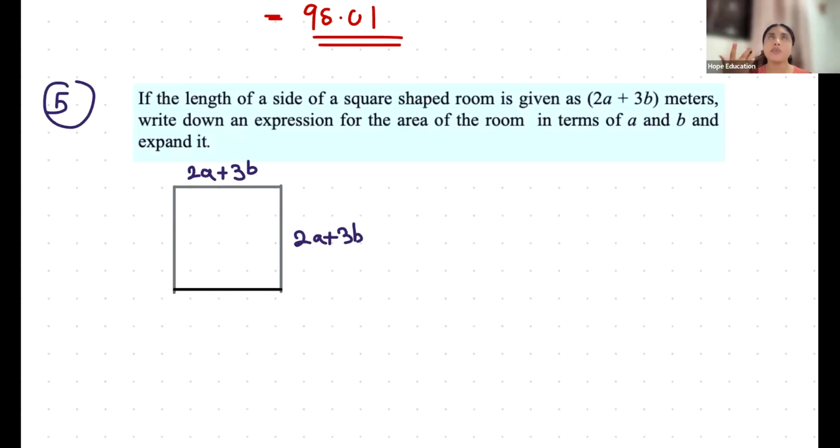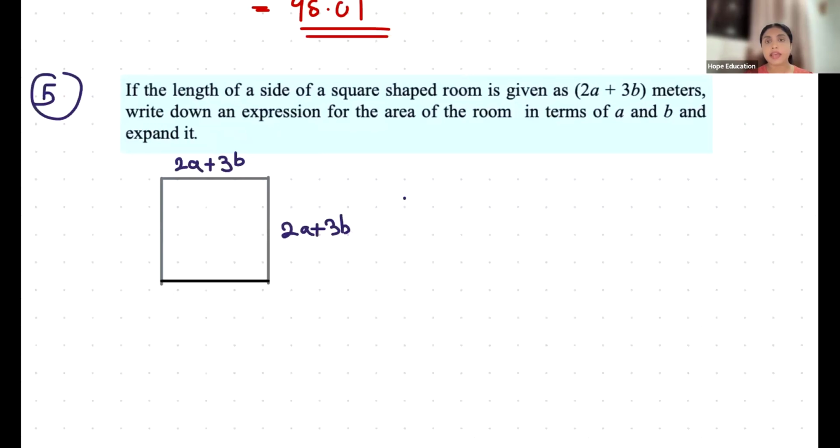So how do we find the area of a square? Length into breadth. So here we can see clearly that length is 2a plus 3b.